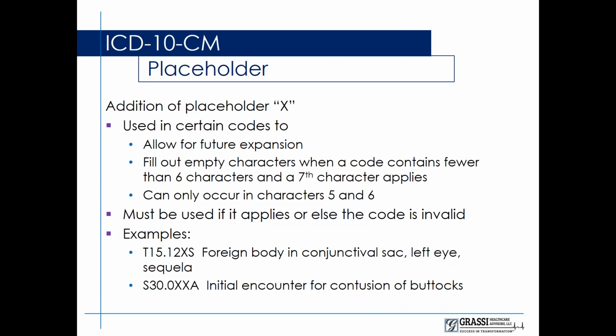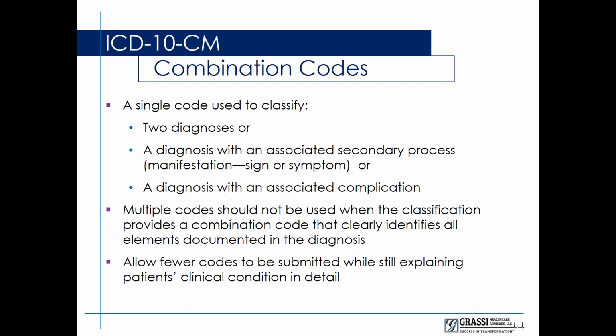You can see there's an example on the bottom here, foreign body of conjunctival sac, left eye, sequela. This only was a 5-character code, but it needed the S on the end for sequela, so there's an X placed in there as a placeholder. And again, initial encounter for contusion of the buttocks, there are 2 placeholders in that code. So that's going to be a common thing you'll see in the codes. Next slide.